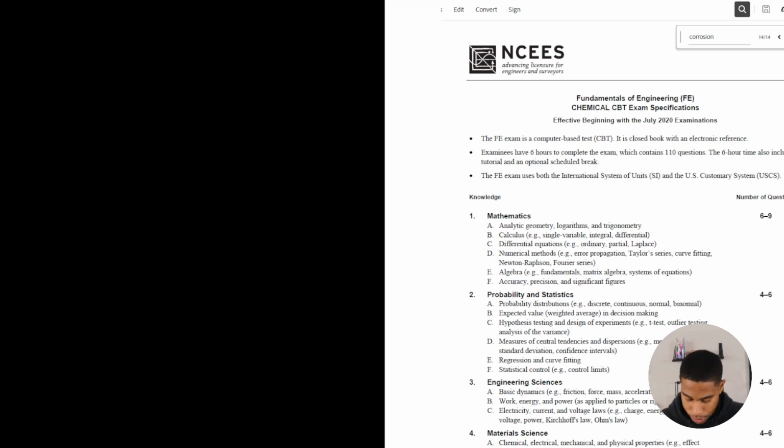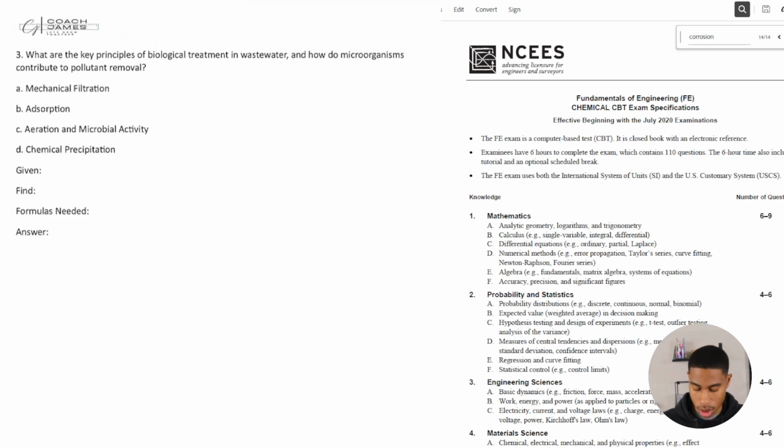All right, let's look at number 3. What are the key principles of biological treatment in wastewater, and how do microorganisms contribute to pollutant removal?